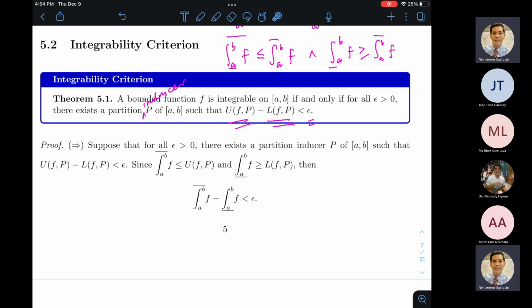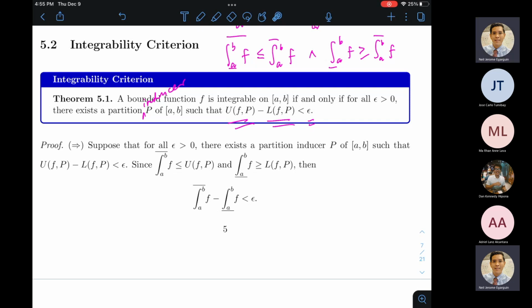And if that happens, then that means that the infimum of the upper Riemann sums would be equal to the supremum of the lower Riemann sums, all right? Kasi nga less than epsilon siya for however small an epsilon we want. So ibig sabihin, nagiging equal yung supremum at saka infimum na yon. And that is essentially the definition for Riemann integrability.